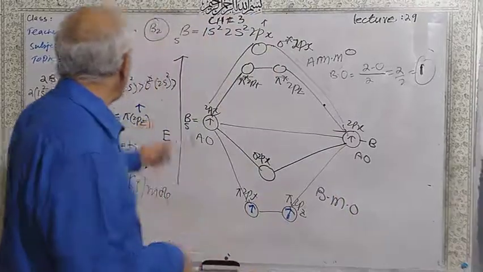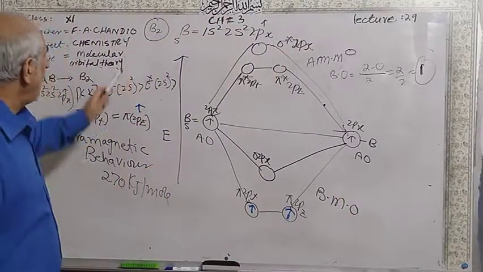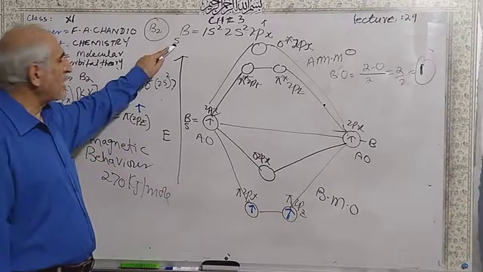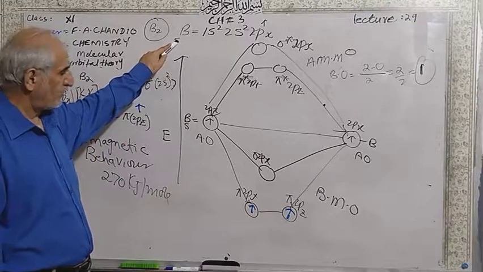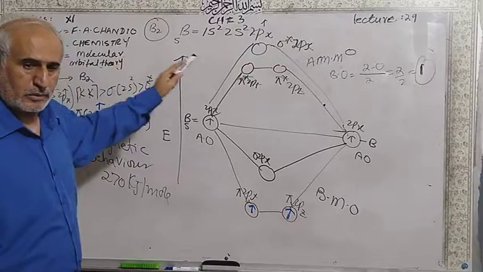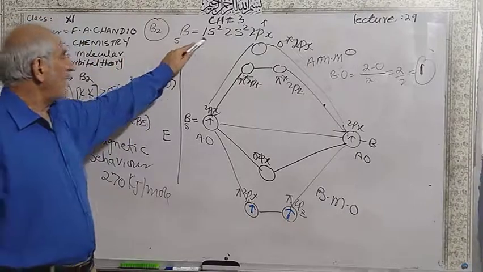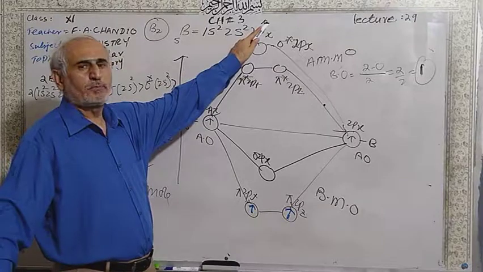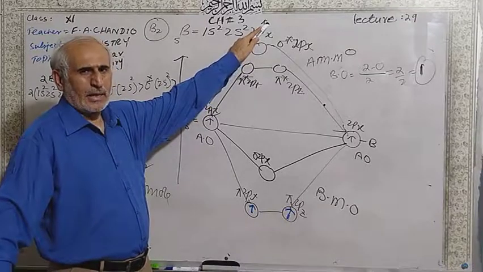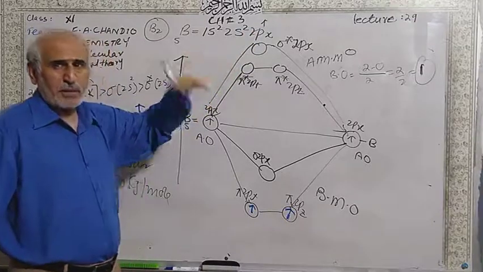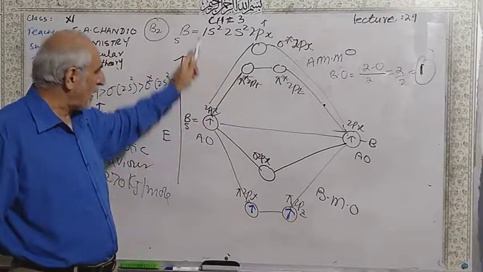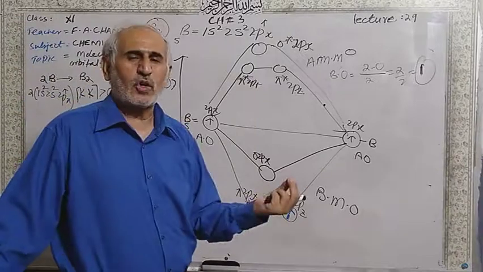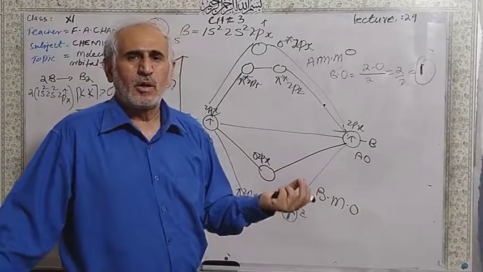Dear students, this is boron and the atomic number is 5. The configuration is 1s2, 2s2, 2px1. There is only one electron here. I am mentioning many times that you can also draw the 1s2 just like for helium.